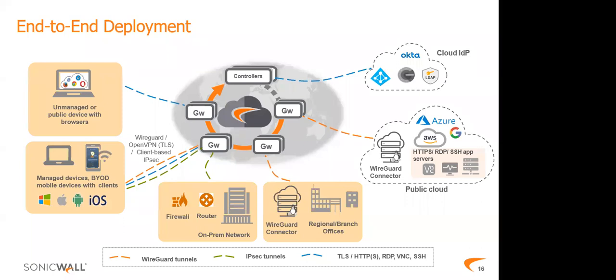So in the end-to-end deployment, all the unmanaged or public devices with a browser, or managed devices, or using your phone, will have the connection using IPsec to connect to the gateway and then the controller, so that you can authenticate and verify, and then they will forward the traffic so that you can access your public cloud apps or any apps in your on-premise. So, cloud edge secure access use case.